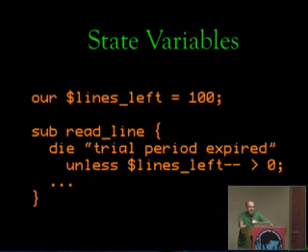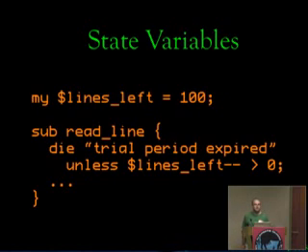State variables. So you've written some code, and you've got some kind of global variable, and you want to protect that variable. You don't want anybody screwing around with how many lines are left. So the obvious thing to do here is make it lexical. All right, now you've greatly reduced the scope in which this variable is visible. But the problem is, somebody writes a subroutine under that one, they can still see your variable.